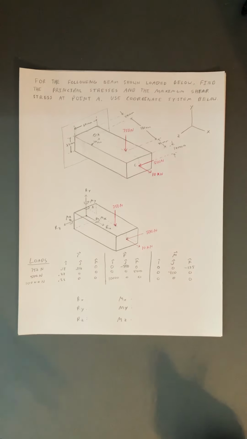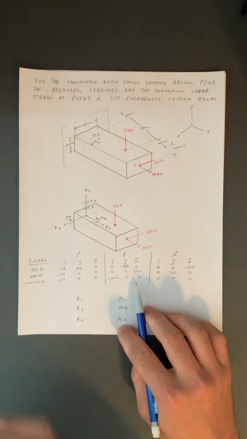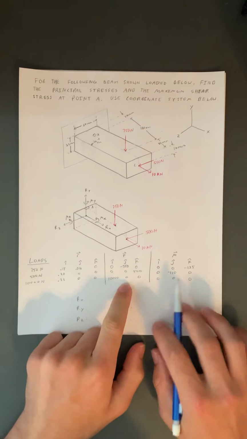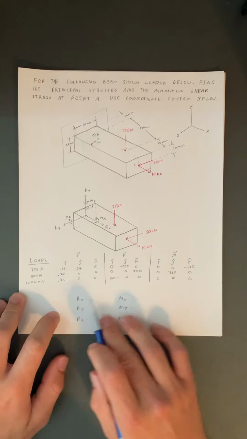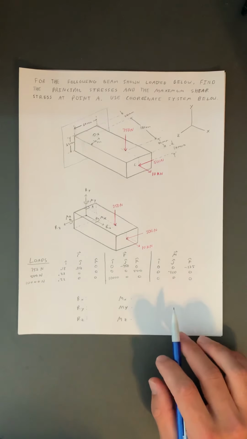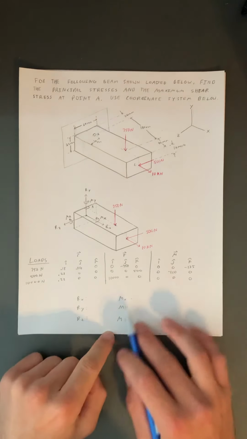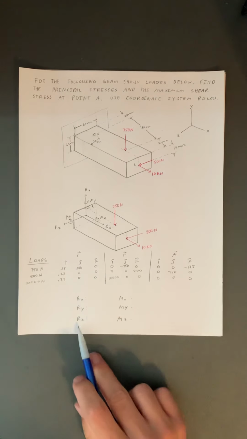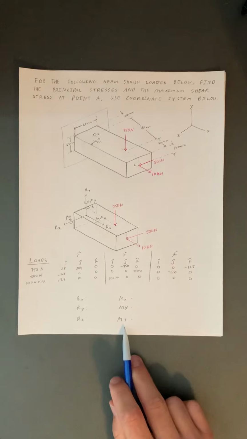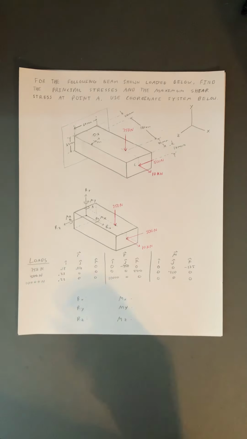Okay. So now we have our forces, and we have our moments. Our forces are directly associated with the reactionary forces, and the moments are directly associated with the reactionary moments. And the way we solve for Rx, Ry, Rz, Mx, My, Mz is just simply through equilibrium.